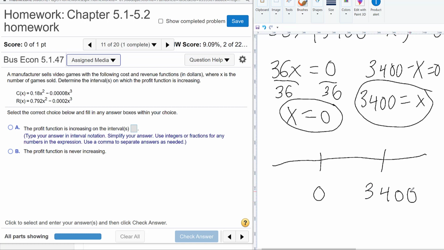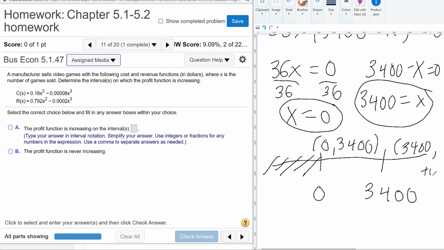Now at this point, it should start to make sense that x can't be negative, because x is the number of games sold. So I don't need to look over here. I need to find out if it's increasing in here between 0 and 3,400, or if it increases from 3,400 and up.